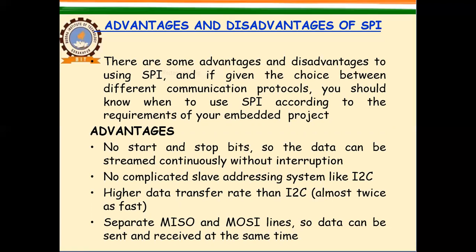The addressing system is not as complicated as in I2C. A higher transfer rate is achieved than I2C, as the data is transmitted continuously. As two separate lines are used, MISO and MOSI, both-way communication is possible between master and slave.